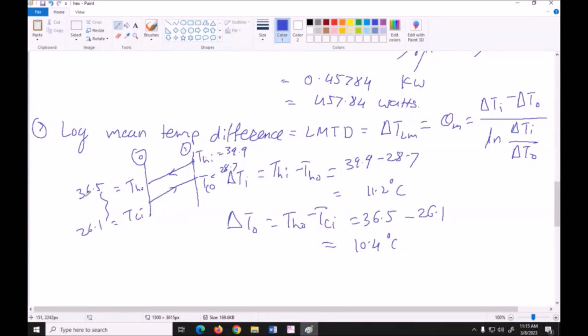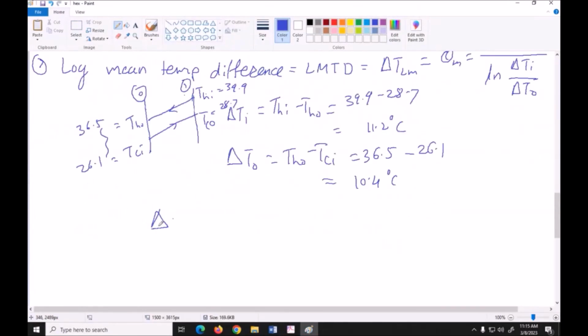So just draw the diagram, assign inlet and outlet, and find the differences. Then I can find delta TM, higher minus lower divided by ln of higher over lower. If you have lower first, it will be a minus, and there is no ln for minus.